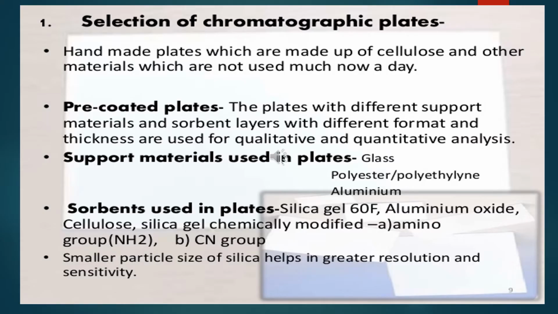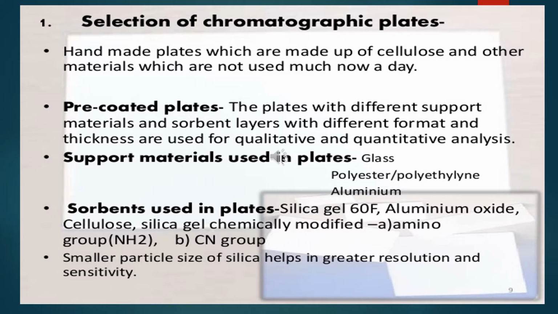Selection of chromatographic plate. Handmade plates, which are made up of cellulose and other material, are not used much nowadays. Pre-coated plates, with different support material and sorbent layer with different format and thickness, are used for qualitative and quantitative analysis.